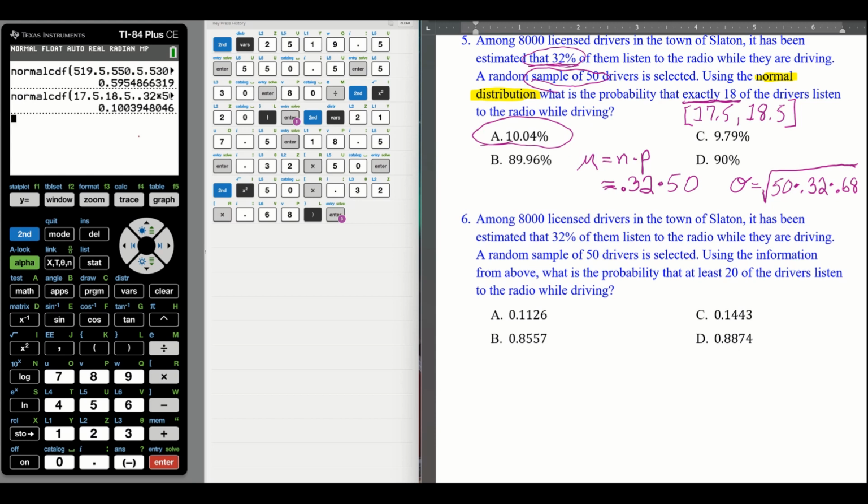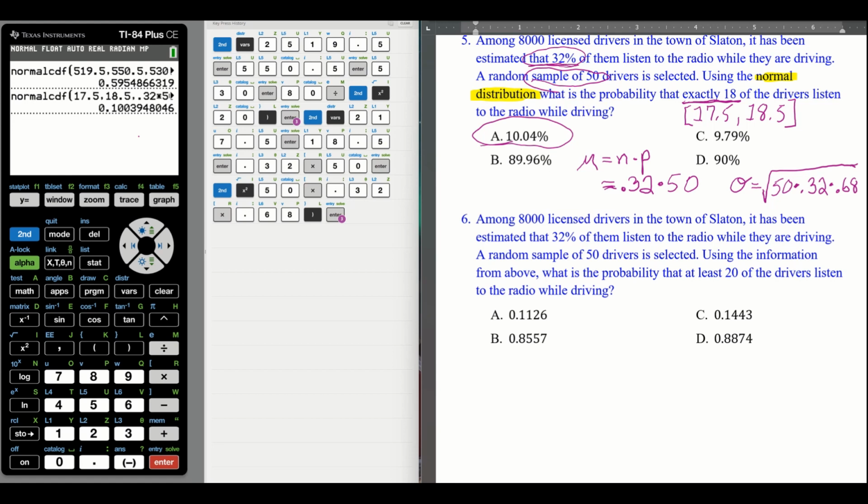Among 800 licensed drivers from the town of Sladen, looks like they're using the same problem, but they're making changes. It has been estimated that 32% of them listen to the radio while they're driving. A random sample of 50 drivers is selected.